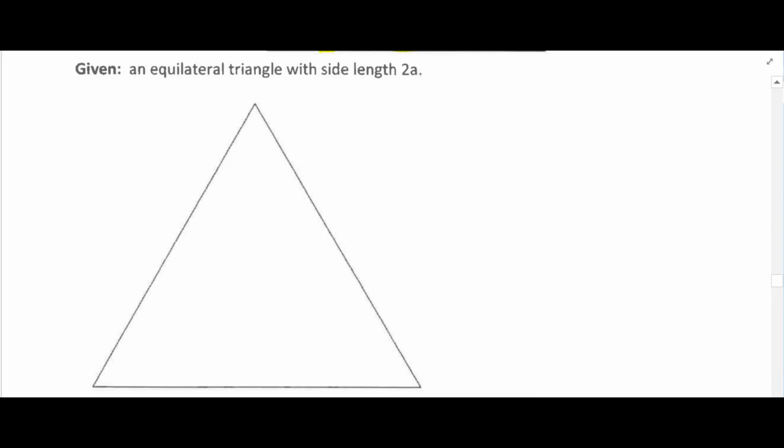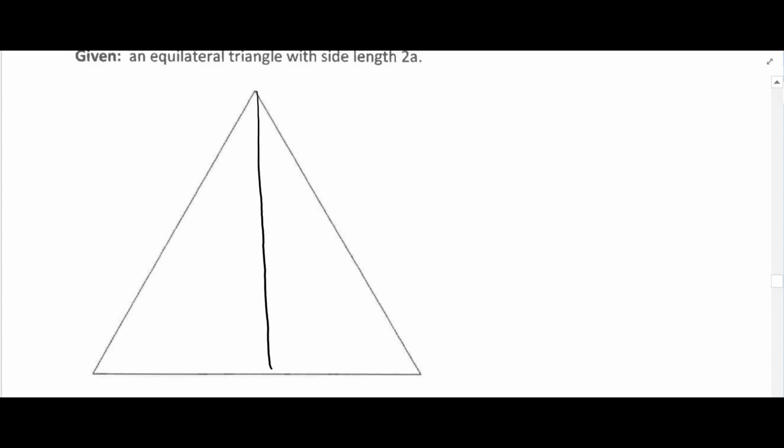We're going to start with an equilateral triangle, and we're going to draw an altitude or a height down the middle. Since this is an equilateral triangle, this altitude is also going to be a median, so it's going to divide this side into two congruent parts.